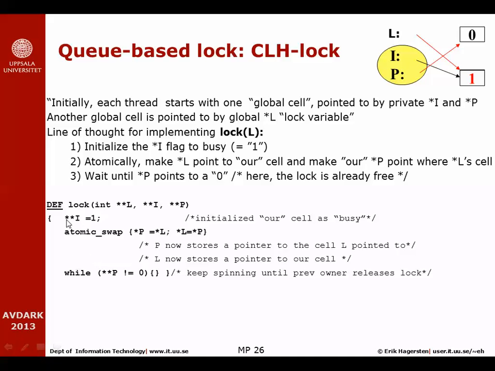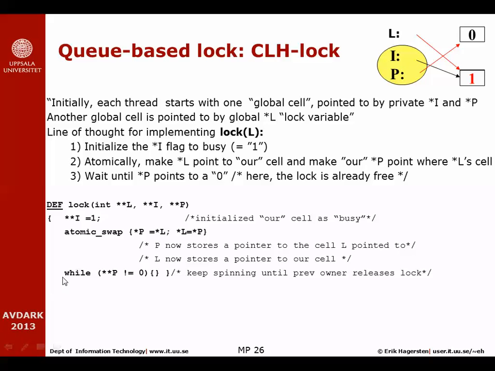First step, set whatever I is pointed to busy. Swap whatever P is pointed to and whatever L is pointed to, and set whatever L is pointed to, to whatever P is pointed to. So this is just one of these atomic swap operations discussed when we initially talked about synchronization.